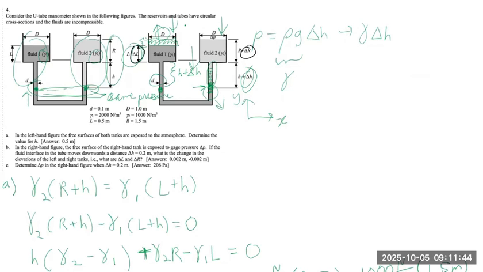We can do that if we're taking it to be absolute pressure, in which case it will be P minus P atmosphere, but it's unnecessary since atmospheric pressure will cancel on both sides.